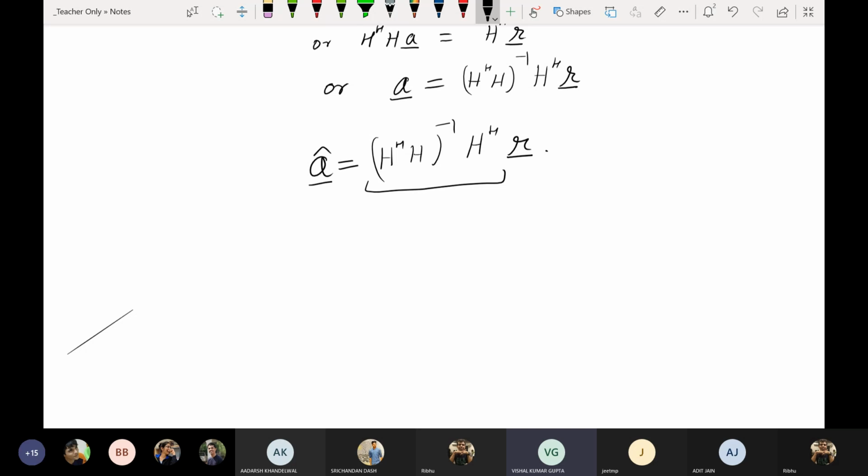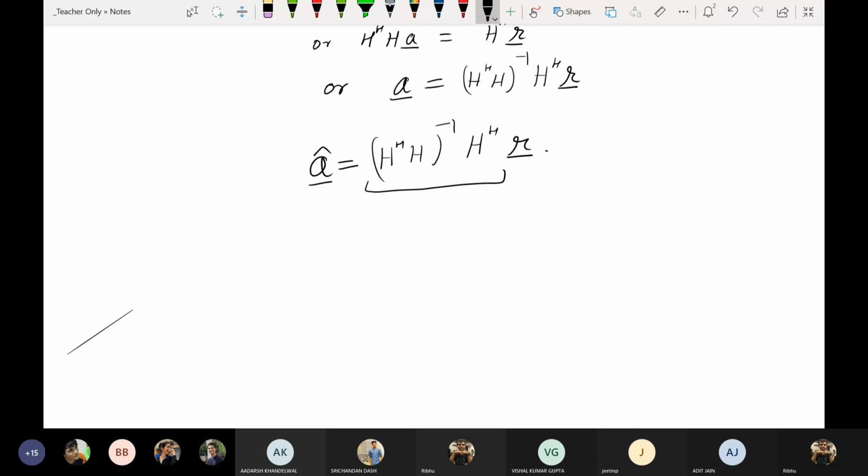DSP were taught pseudo inverse. Why would he teach pseudo inverse in DSP? He was estimating the moving average, so he found out the moving average filters. Okay, moving average filters you have done. Nice.